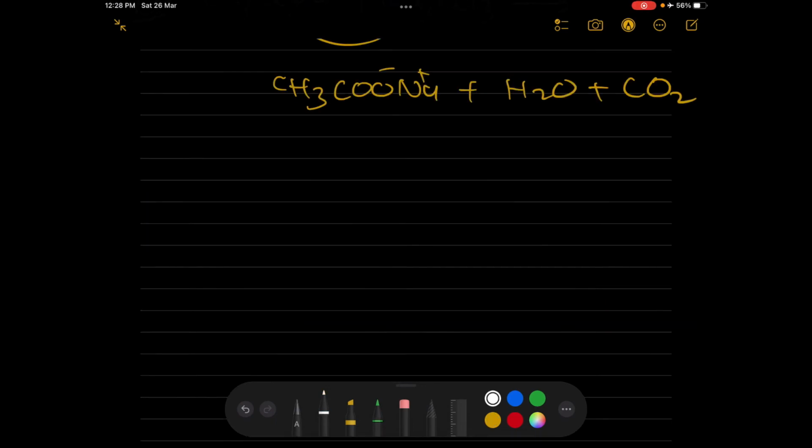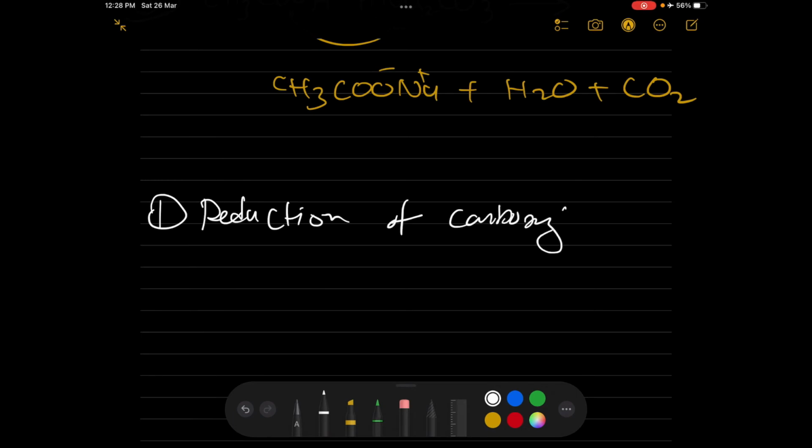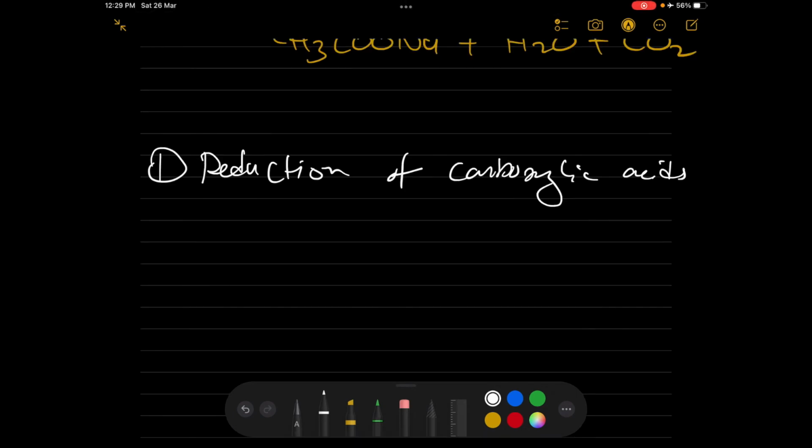Another famous reaction of carboxylic acid is the reduction of carboxylic acids. When we say reduction, we're going to use a reducing agent. And the only reducing agent that is able to reduce the carboxylic acid is lithium tetrahydroaluminate.